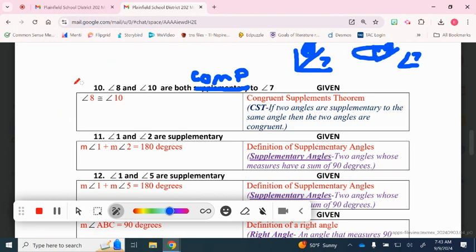So we state that angle 8 is congruent to angle 10 by the congruent complements theorem.